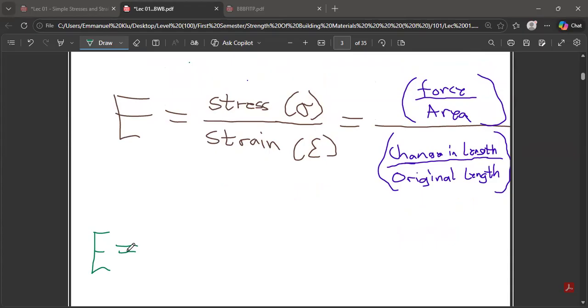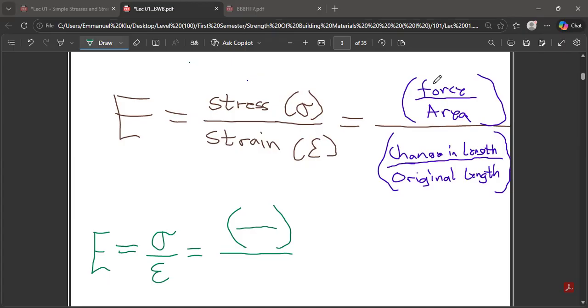Okay, so we said that our E is equal to stress over strain. Also, this can be expressed in terms of this. So to avoid writing in full, according to algebra, you can use some symbols.